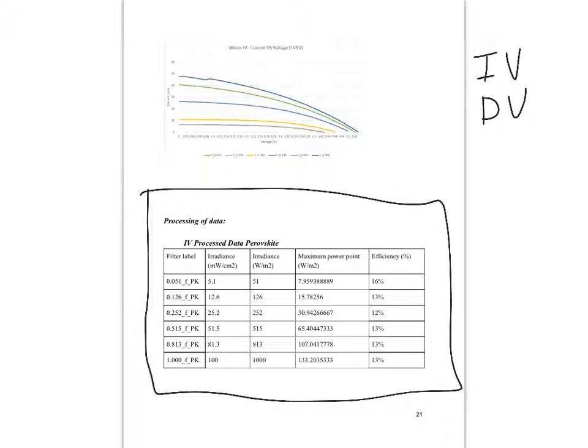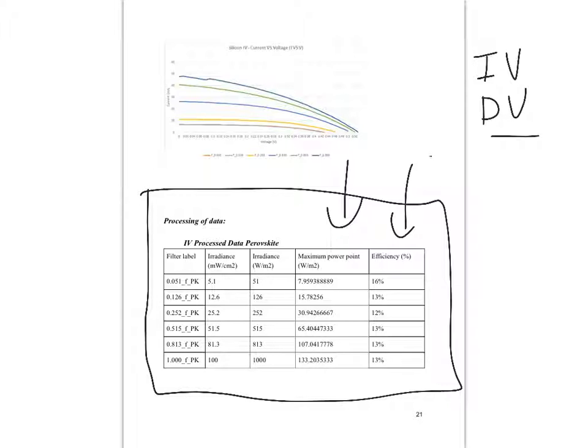Okay, so are you plotting efficiency? Are you plotting maximum power? Which one of these is your dependent variable? And which one is your independent variable? Because if we look at your graphs, they don't relate to your variable introduction. So what you've got to do here is make a decision.